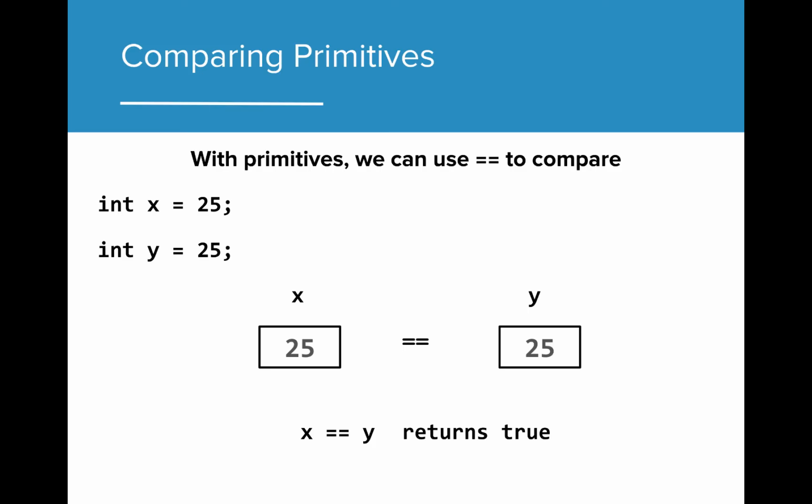The difference between reference and primitive memory storage is important when we attempt to compare objects to one another. As we learned in previous lessons, double equal signs are used to compare if two values or variables are equal. In this example, we can use the double equal sign because the primitive value x is being directly compared to the primitive value of y.